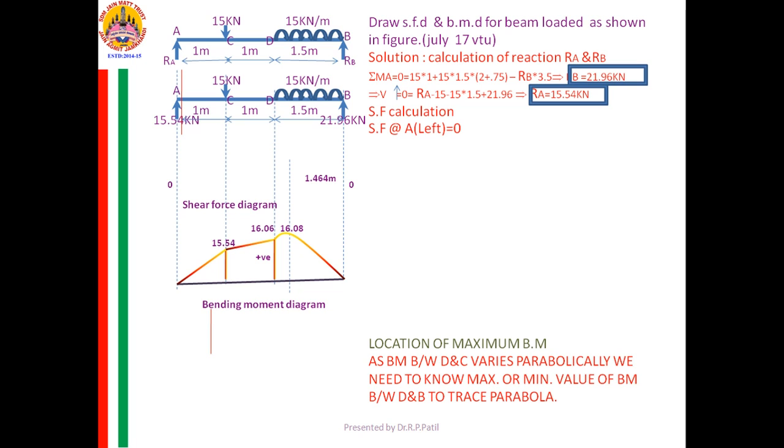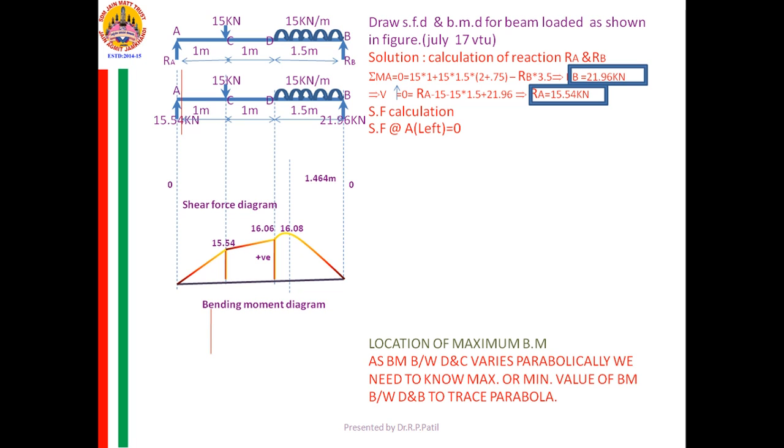It is 15.54. What is the part that I am doing? I am taking the left part for the calculation. I can do the calculation by left part also or by right part also.